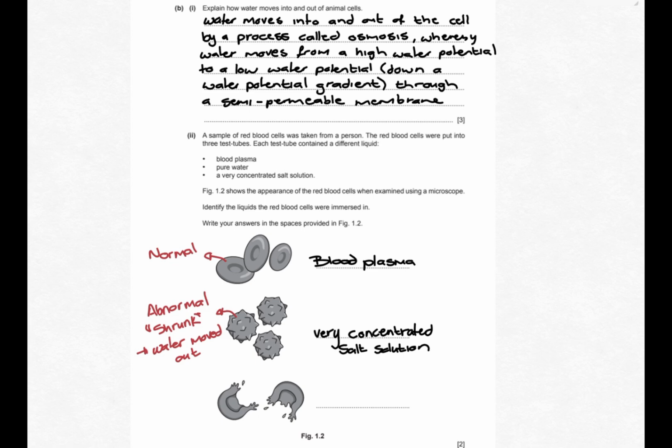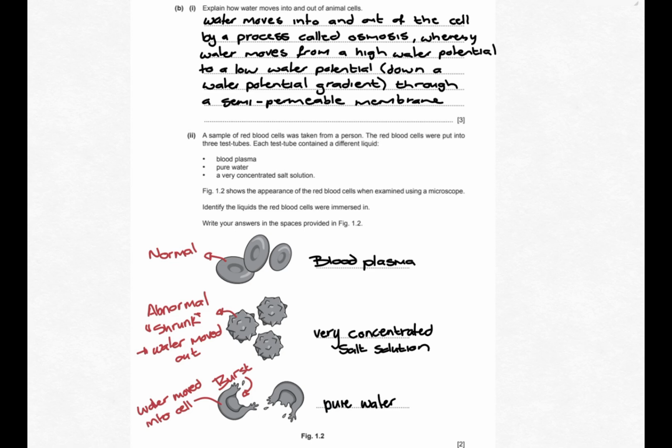Now, the third image that we have is an image of burst blood cells. Now, if you followed my example, you would know that they burst because too much water moved into the cell and they cannot handle the pressure. This means that the cell was probably found in the pure water sample.